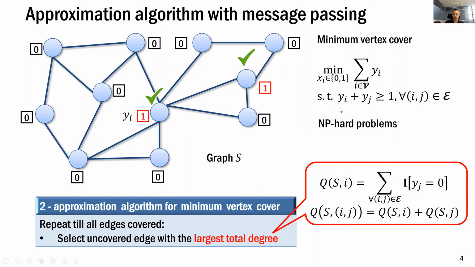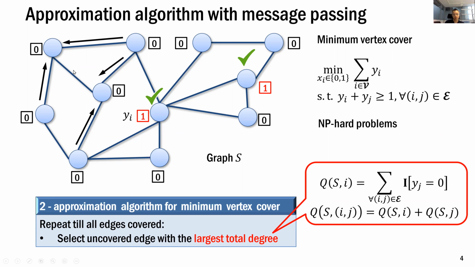So you can think about the scoring function. Given the current graph, for each node, it's exactly the number of incident edges, or number of neighbors which haven't been selected, and then the score of a particular edge is the sum of the scores of the two ends. This scoring function is defined by a human expert. It can actually be computed with some kind of message passing scheme as well.